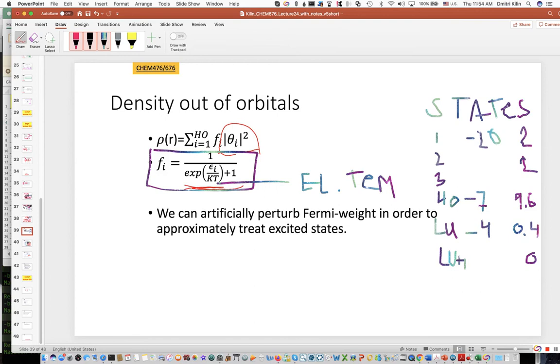So if you were looking into the states files, you may have observed this feature of occupations deviating from integer numbers. And this is the consequence of Fermi-Dirac distribution. In other academic courses, this distribution appears in statistical mechanics and physical chemistry too. Fermi-Dirac.